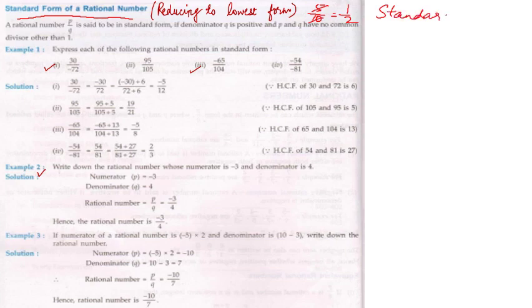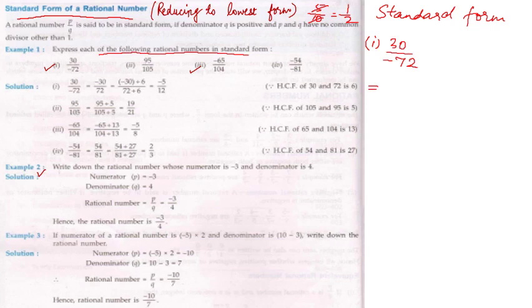Okay, so here you look, one example. All the ticked questions need to be done in your classwork copies with the proper solution. Now let's take question 1, example 1. Part 1 is saying express each of the following rational numbers in standard form. Let us take 30 by minus 72.